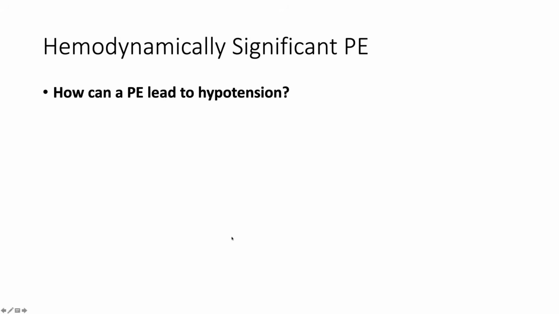Excellent. How could a PE lead to hypotension? That's a key concept. Since the PE is in parallel and you're taking away one of the resistances on one side, it's causing an increase in total resistance. That increase in total resistance is going to lead to a decrease in forward flow.